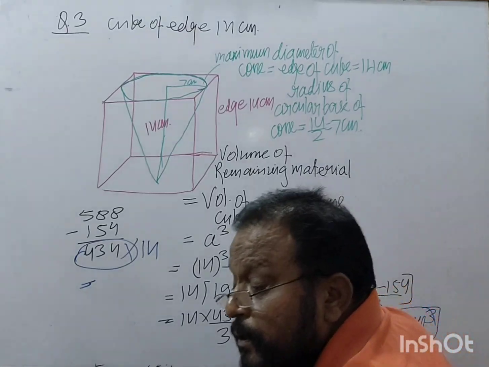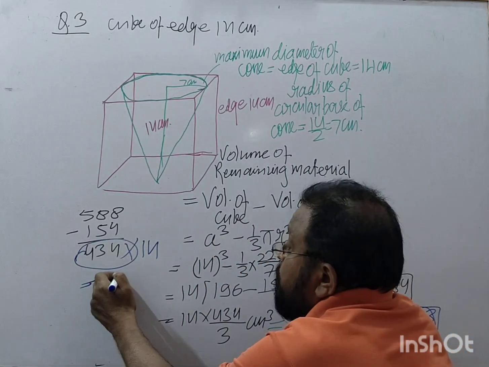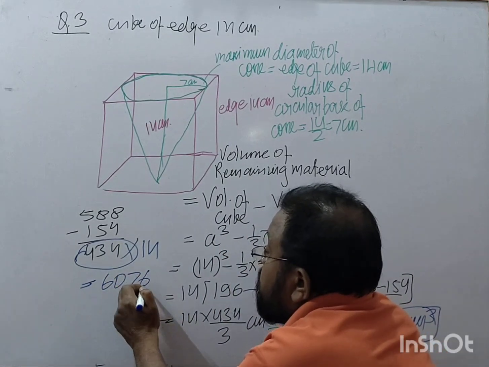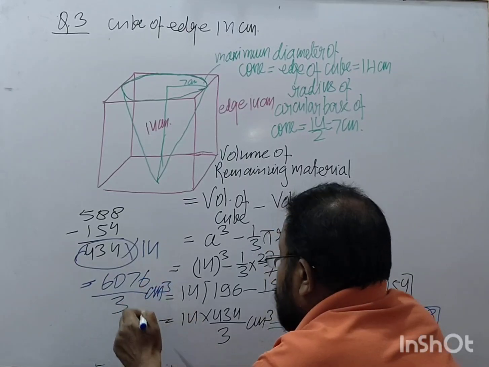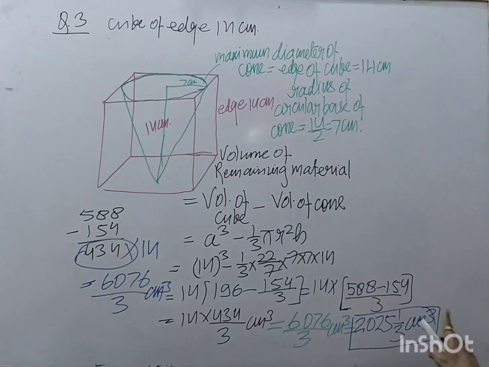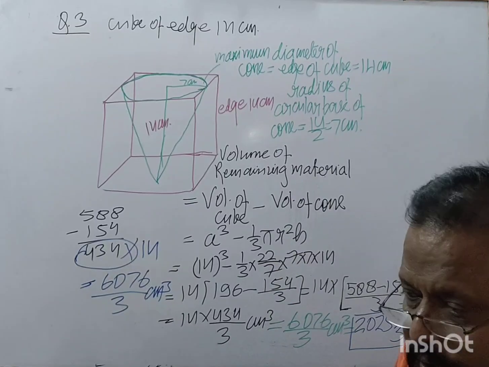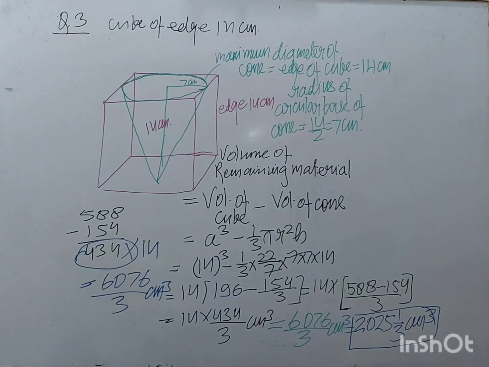Then you get 6076 upon 3 centimeter cube. This is your question number 3. We have done. Yes. Okay. So what is next?